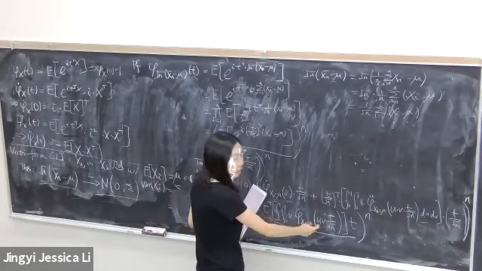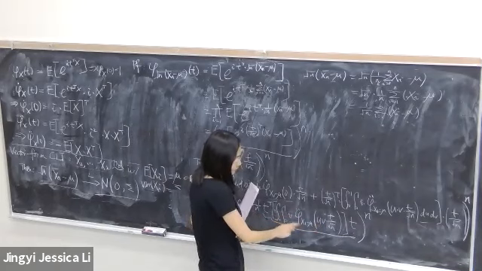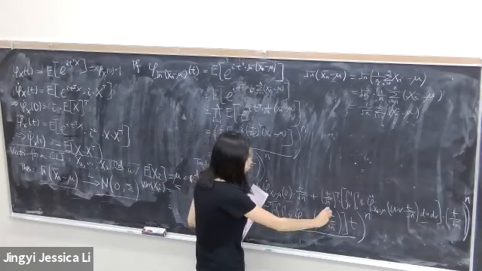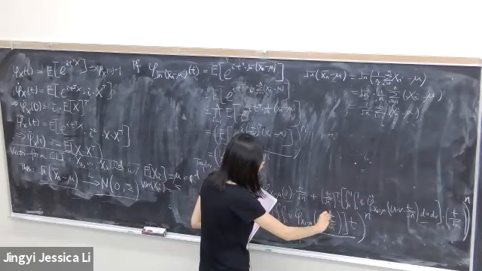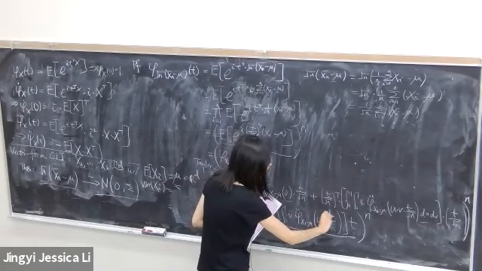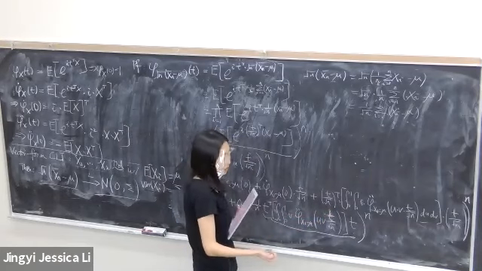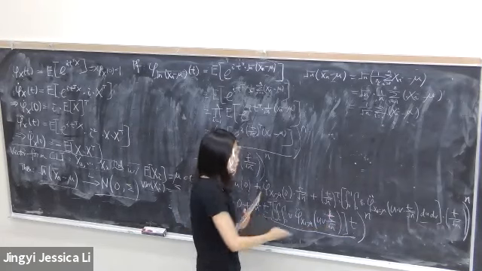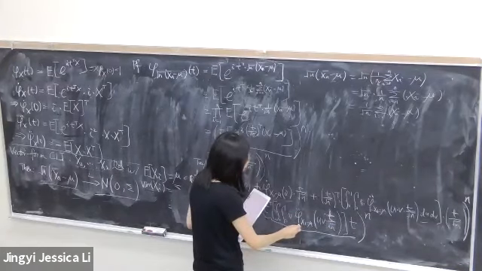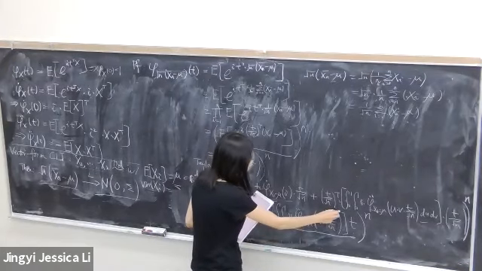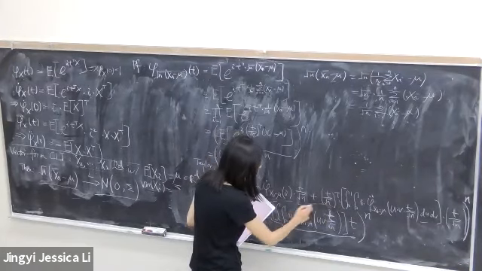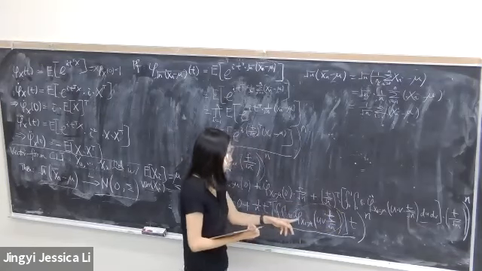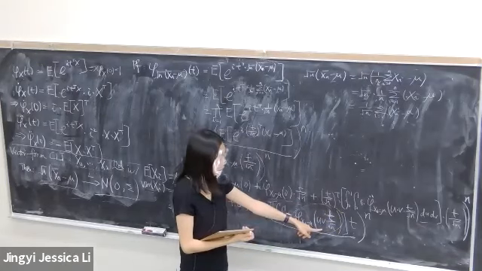Because u and v are both between 0 and 1, and this t is just a fixed vector in Rd. When I let n go to infinity, this would actually converge to 0. So I would have pointwise convergence for this whole term to the second derivative at 0.